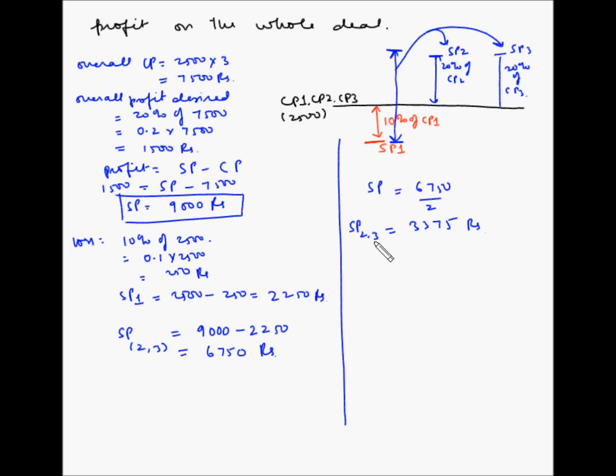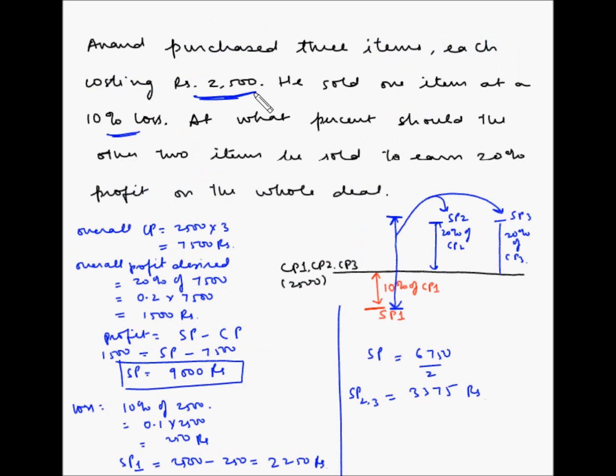Now the cost price for 2 and 3 is 2500 and the selling price is 3375, and we are being asked to find at what percent should the other two items be sold to earn 20% profit on the whole deal. So we know the selling price in terms of rupees. Now let's convert the profit in terms of percentage and express that.